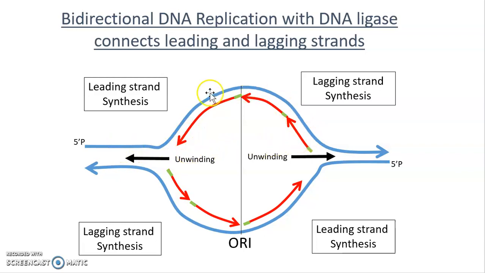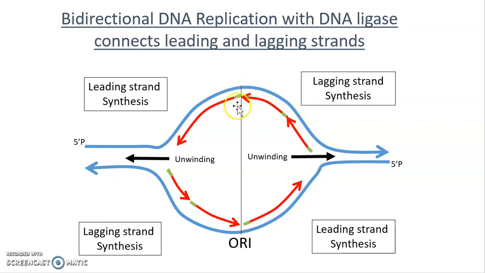And so if you look at this process, when these two things run into each other, this is going to come chugging along here. Your DNA polymerase 3 is adding your bases to your RNA primer in green right there. This is going to run into right there.